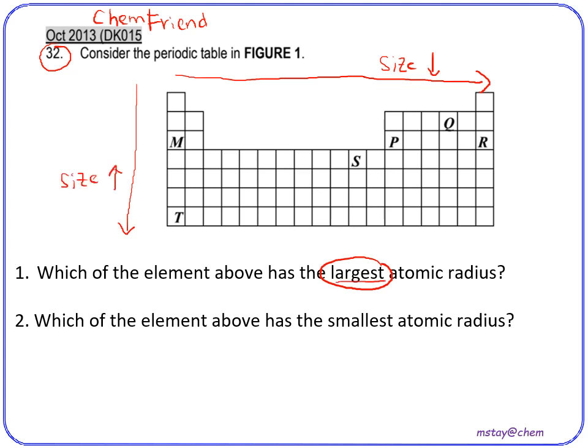The question asks which one is the largest, so the answer will be going down the group. So the element T has the largest atomic radius. Question number 2: what is the smallest atomic radius? The smallest atomic radius is the one at the top right-hand side. In this case it will be Q.